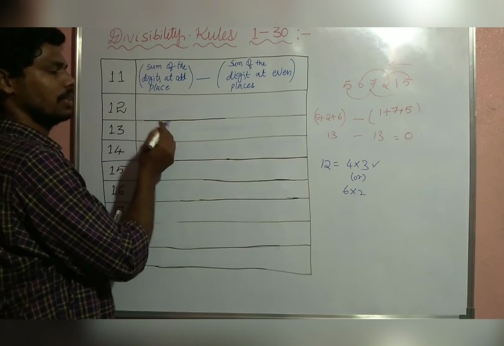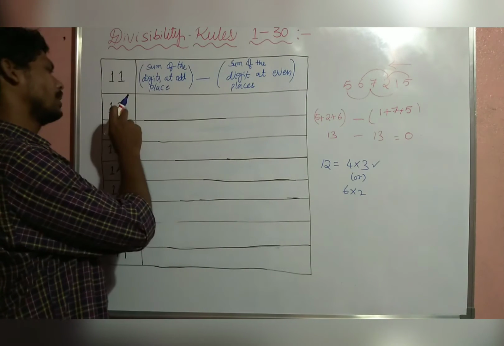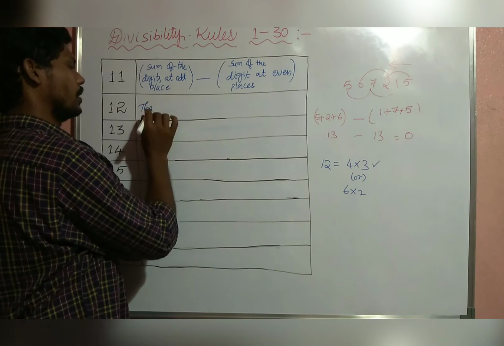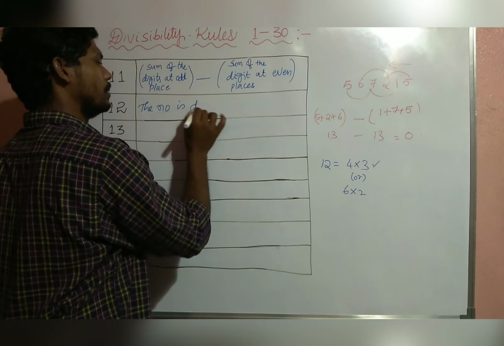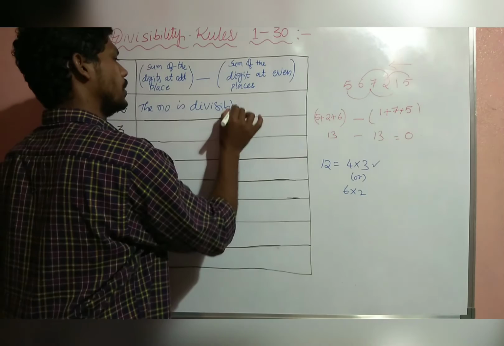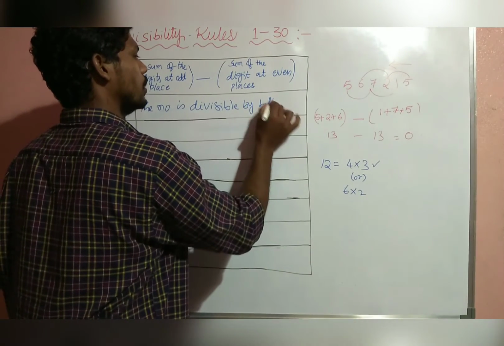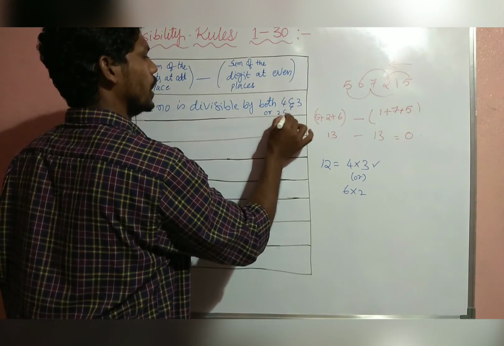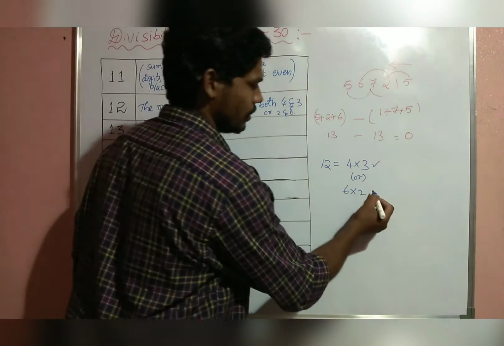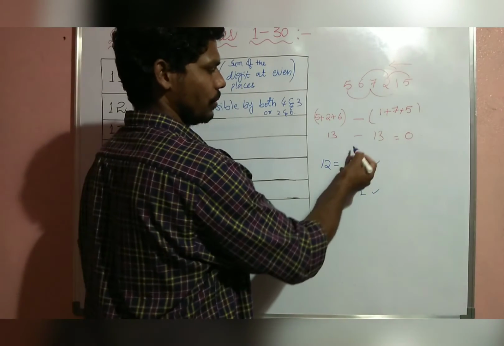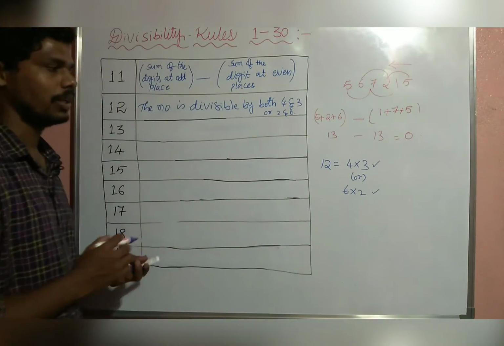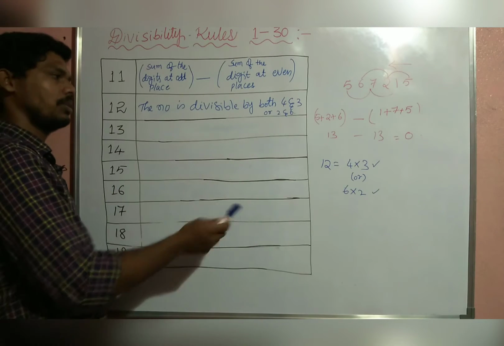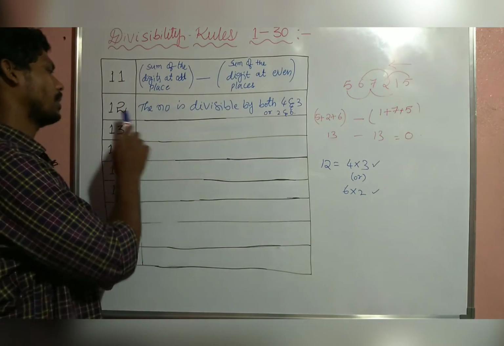If the given number is divisible by both 4 and 3, or else 2 and 6, any one pair of factors you can choose and check, then the given number is also divisible by 12.